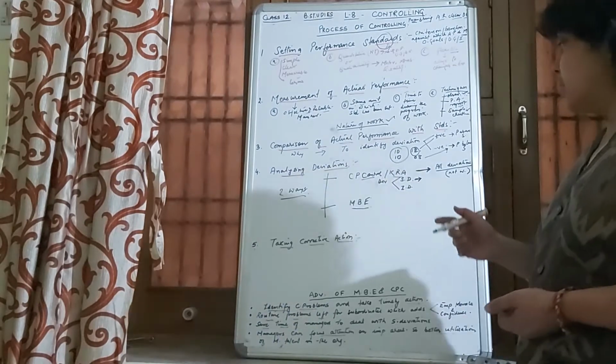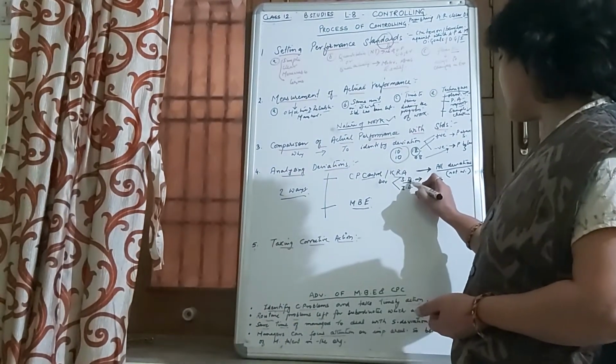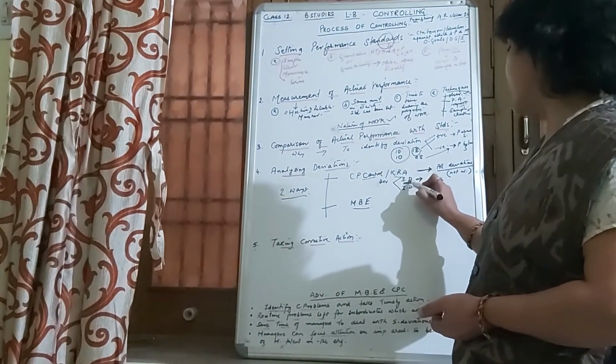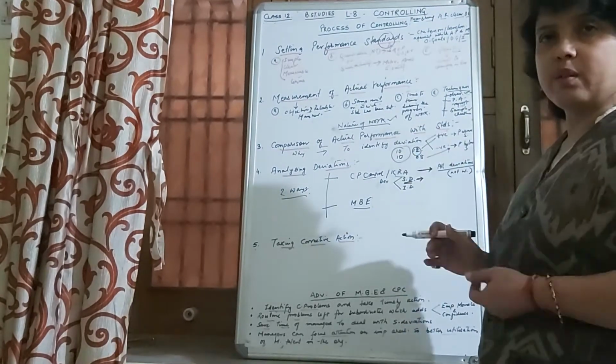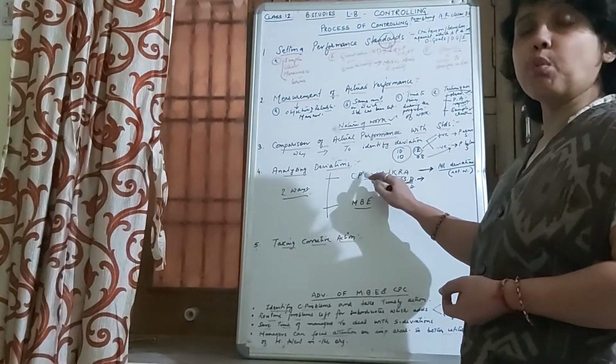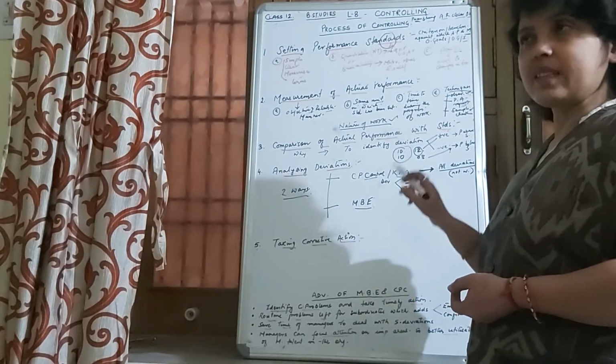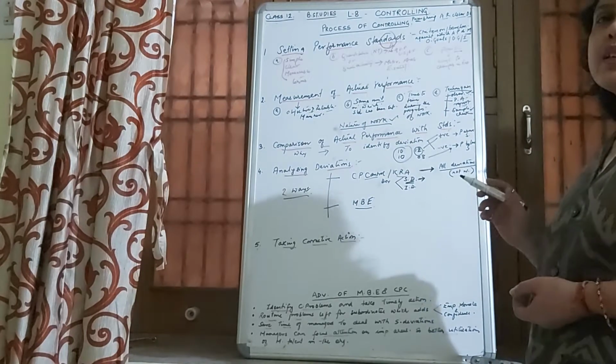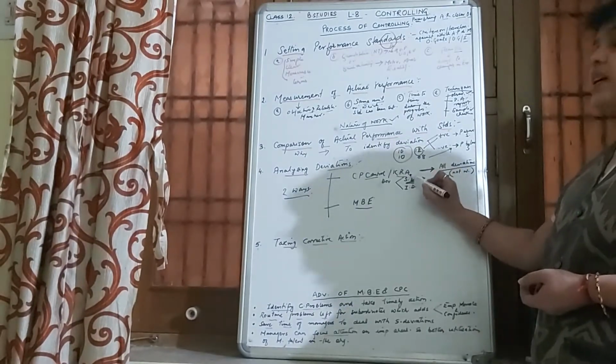And that is why this significant deviation, which is considered an important deviation that has to be controlled, is called the critical point. And that is what is called critical point control or key result areas.